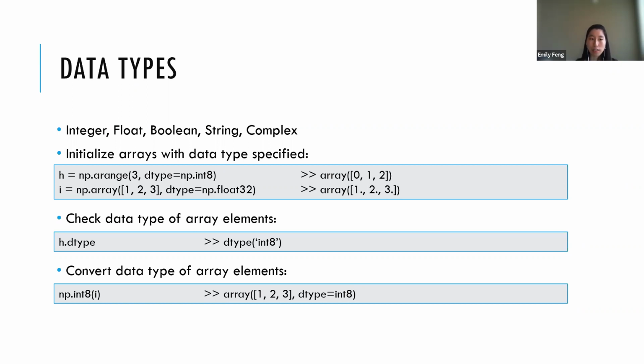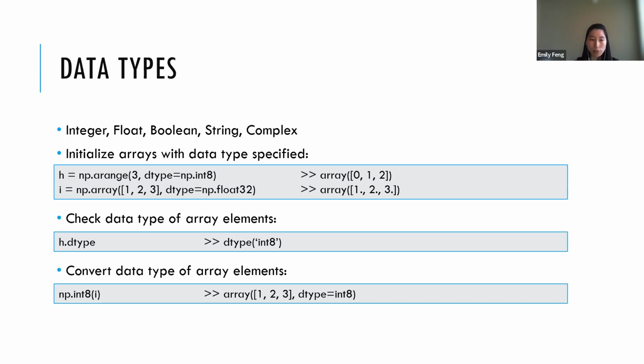So here I have h.dtype, which returns int8, which is what I specified earlier as the data type of the elements in my array H. And one last thing in this part is that you can convert the data type of array elements. The example here: I initialized my array I as floating points, but I wanted to convert it back to integer.